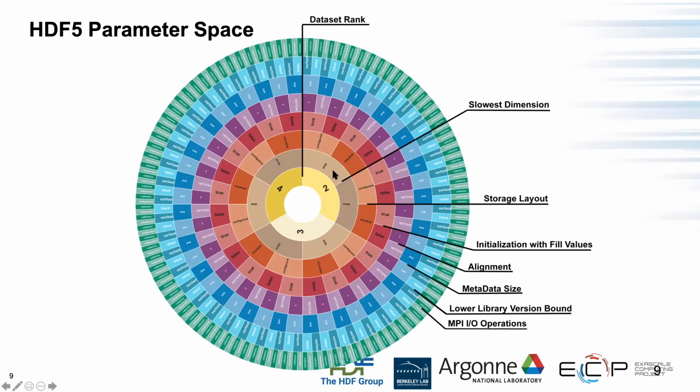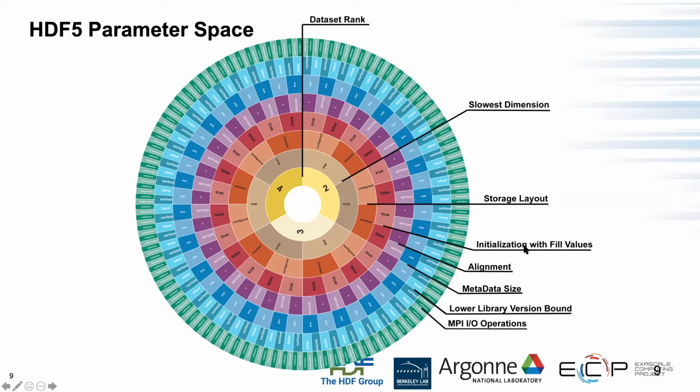And then we have the slowest dimension, which I'll describe in the next couple of slides. Then you can explore your storage layout, which can be contiguous or chunked. Then you can explore whether you want to initialize your fill values, meaning if you create a data set and you don't actually fill it with data, then HDF5 will automatically fill it with zeros, or with another value if you specify one.